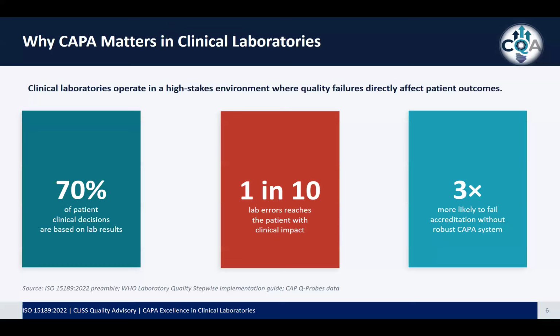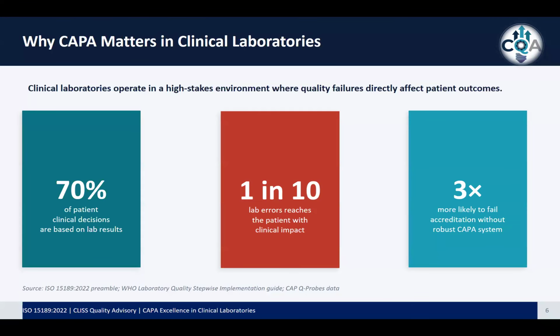Why does CAPA matter in clinical laboratories? We all know that 70% of patient clinical decisions are based on lab results. So if anything goes wrong, it means the patients are affected. And 1 in 10 errors that happen in the lab reach the patient with clinical impact.